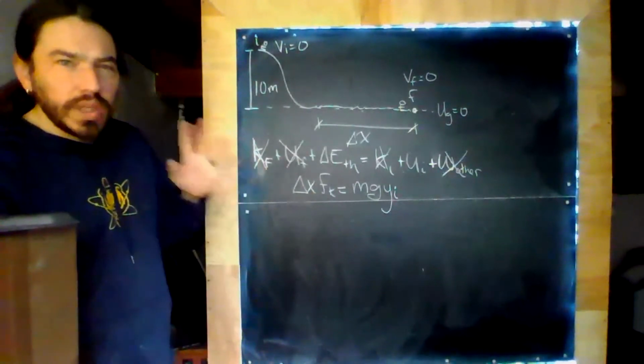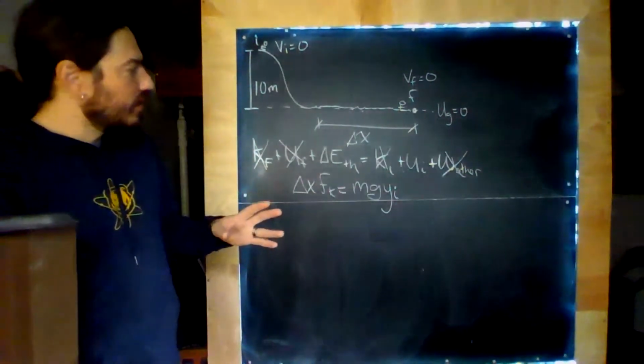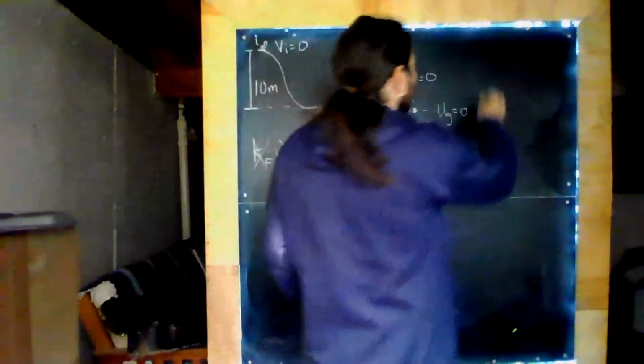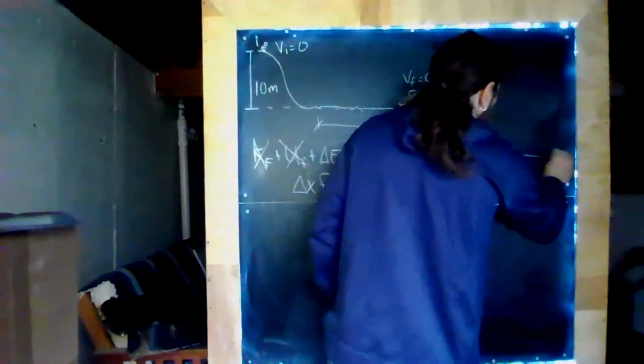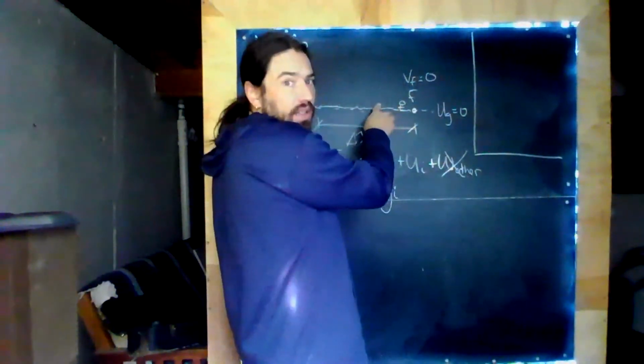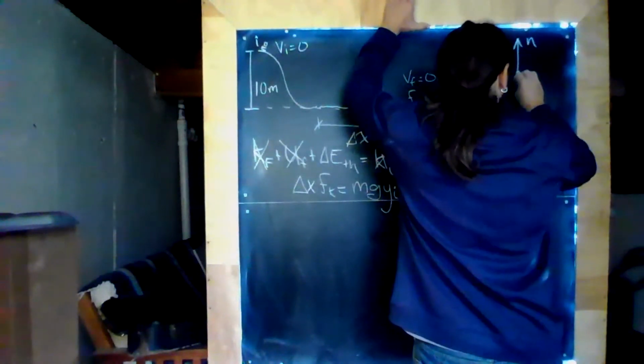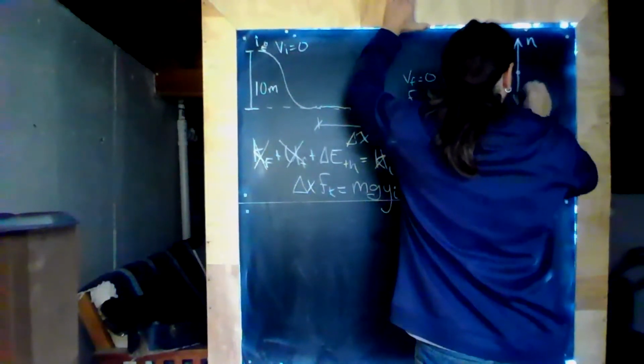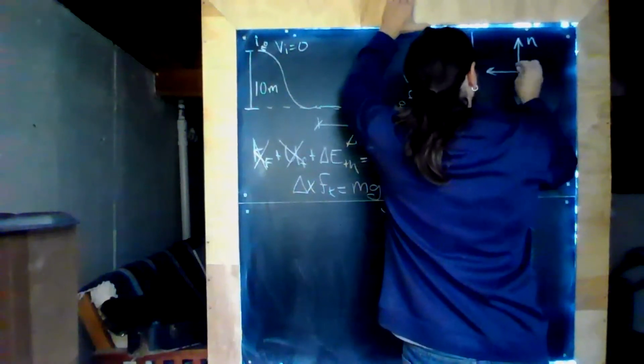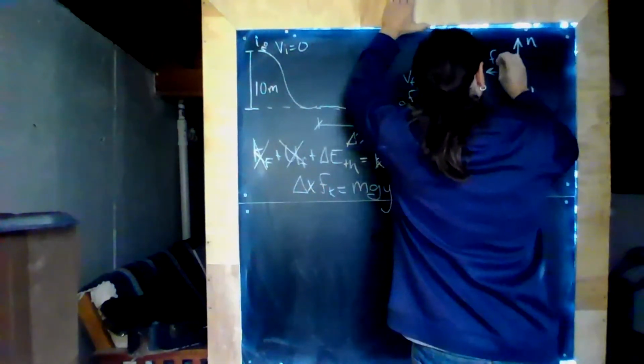We might have to do just a really quick force problem to figure out what that is. So let's do that really quick. Free body diagram for the sledder when he's right here. We've got the normal force, the weight, and F sub k.